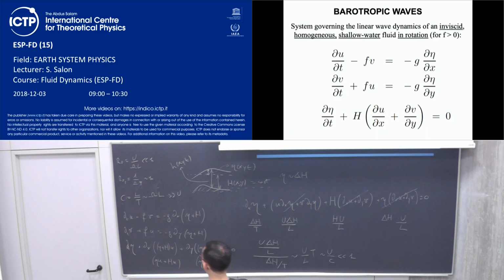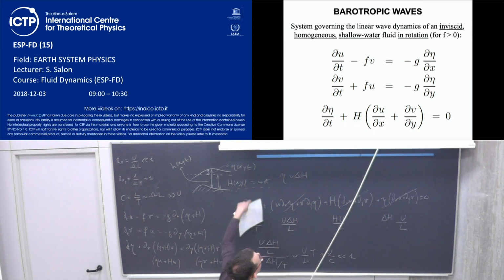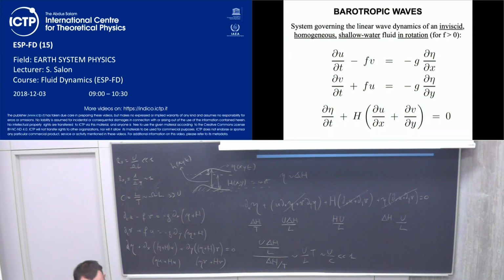And so what we obtain is the final form of the equation of continuity, which only considers the local derivative of eta and this term, which actually is the multiplication of the mean depth, we can call it, and the horizontal divergence. Okay? So, and of course, over the two equations, if we consider h constant, we just remain with the variation of eta.